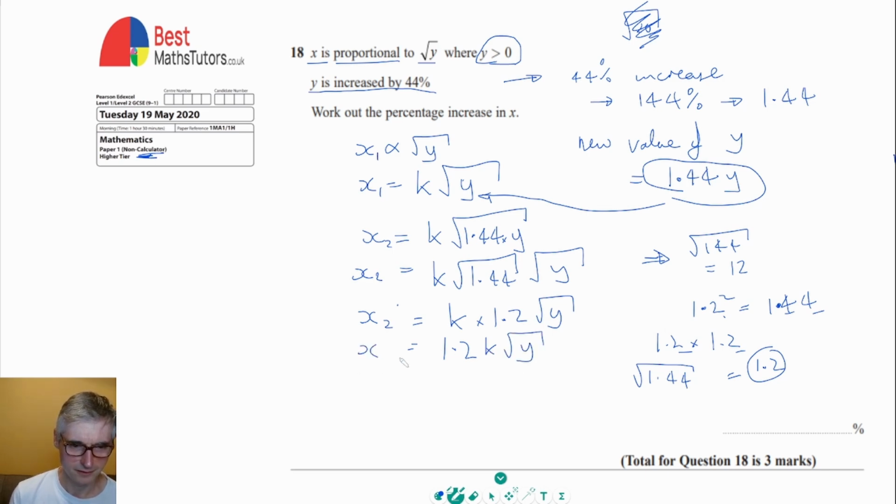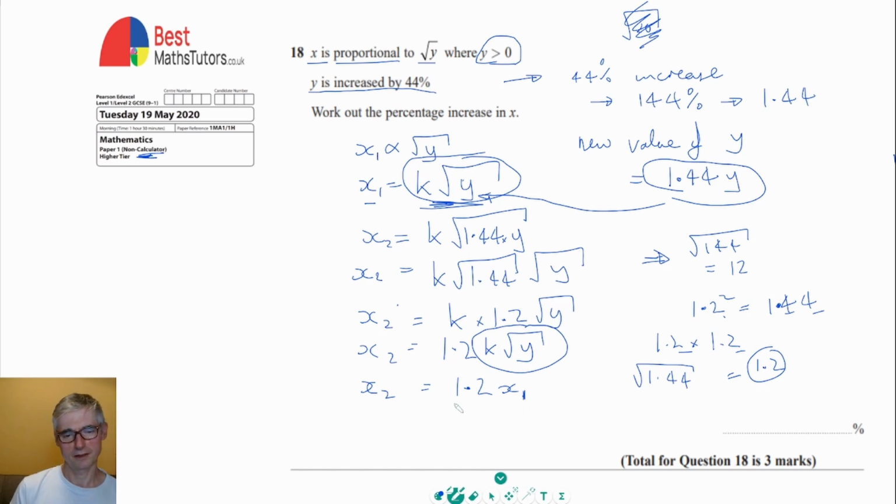Now, if we think about it, the k root y is actually the value of x that we originally had. So instead of k root y, I'm going to write x1. So x2 is equal to 1.2 times x1.